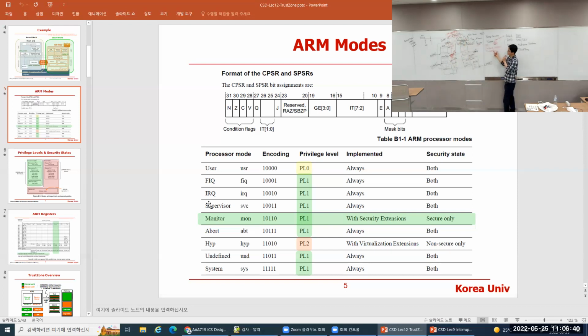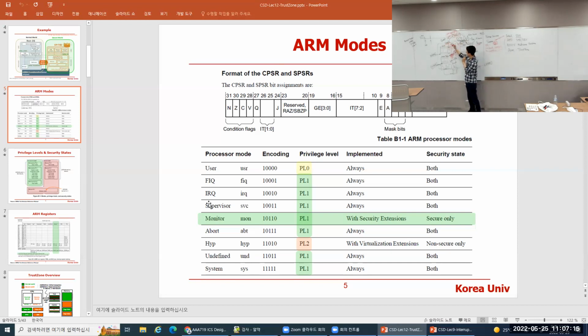For world switching, inside the monitor mode, what do you have to do? Sometimes you want to switch from normal world to secure world, and sometimes the opposite, secure world to normal world. So you need to figure out who called monitor mode using the SMC instruction: was it executed from normal world or secure world?